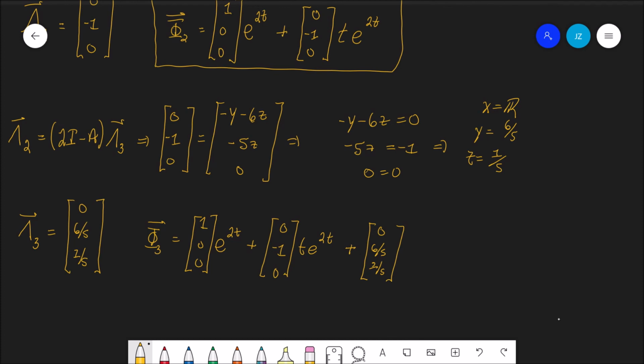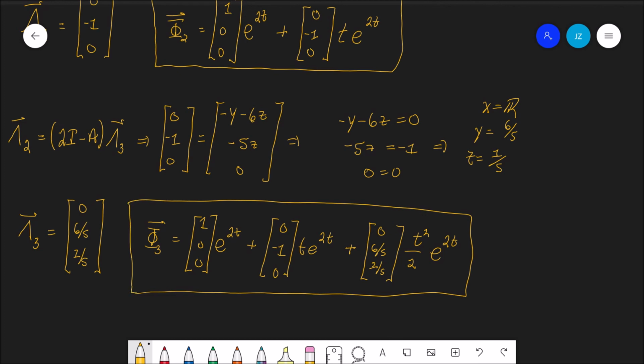Now it's going to be t squared over 2 factorial times e to the 2t. And so this is our third linearly independent solution vector.